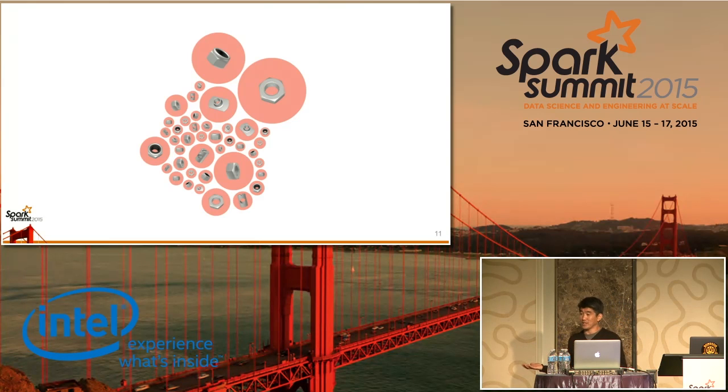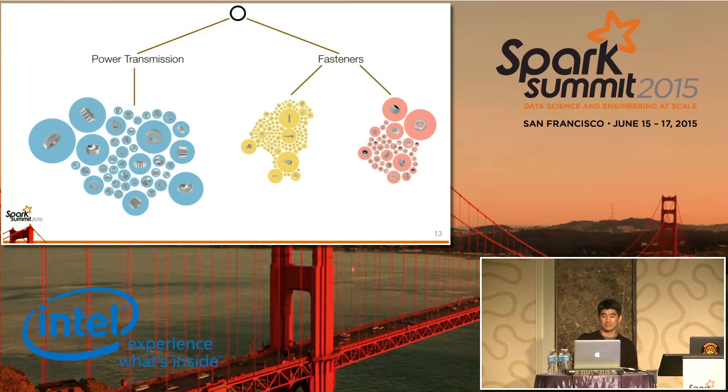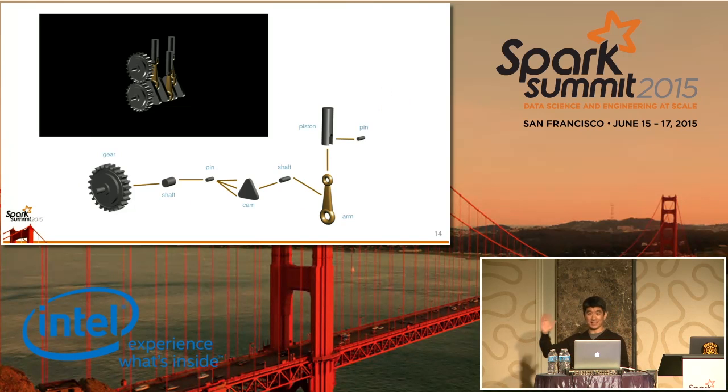Some of the things that can be learned would be classes of parts, the co-occurrence relationships between these part classes, and potentially at an even higher level, learning some of the functional relationships. So learning about pistons, arms, cams, and gears, when you put them together, you get the basis for an engine.